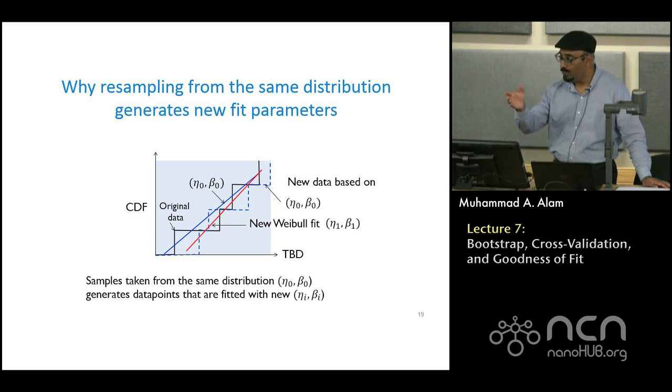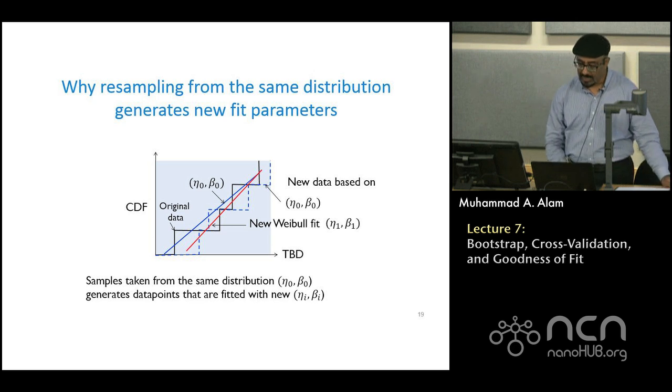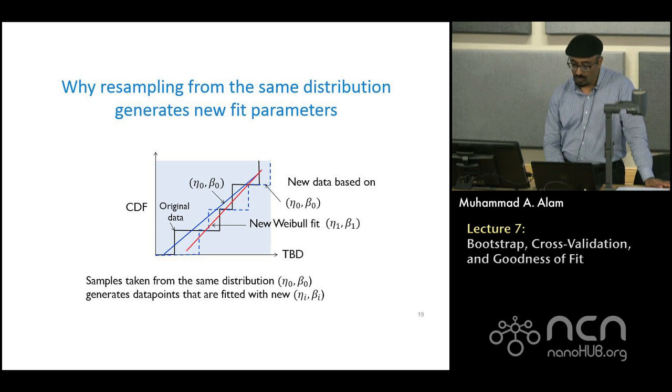Then if you choose those 5 points, now you have a new distribution, based on the parametric thing, because any 5 points is based on that line. Now you fit it again. If you fit it again, you will have a new Weibull distribution with eta 1 and beta 1. You can either stay with the blue and then again sample another 5 points. That will give you eta 2 and beta 2.